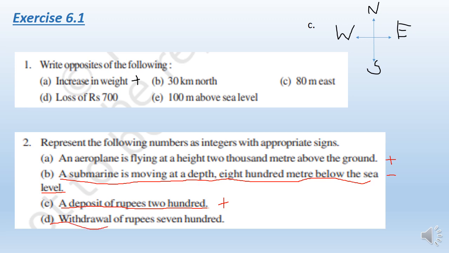Withdrawal of rupees 700. So withdrawal means minus 700. Now here, 200. So it's plus 200. Now write the answer properly.